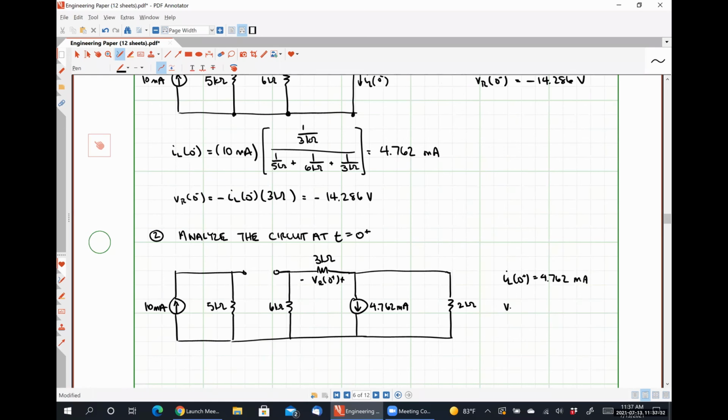So how do we go about solving for VR at 0 plus? It'd be the current times the resistance, where the 6 kilo ohms is in series with the 3 kilo ohms, and then that's in parallel with the 2 kilo ohms at the end.